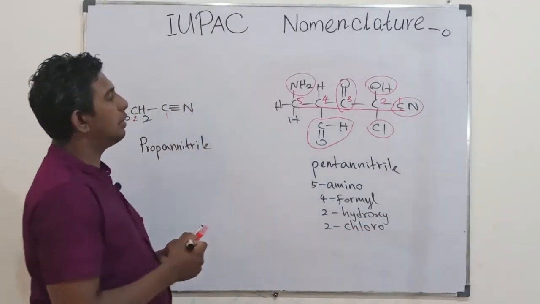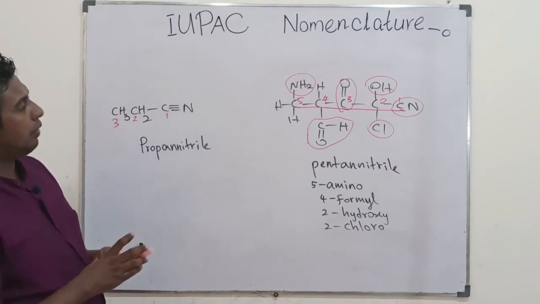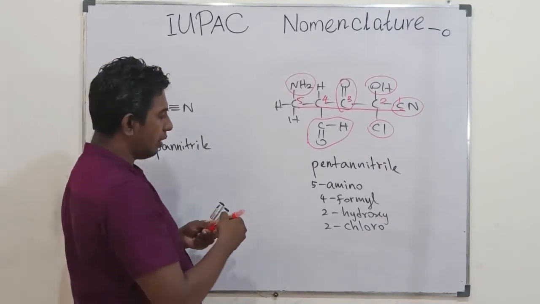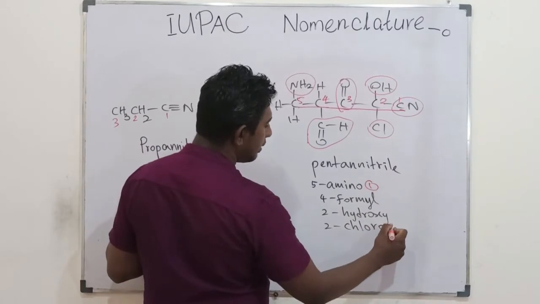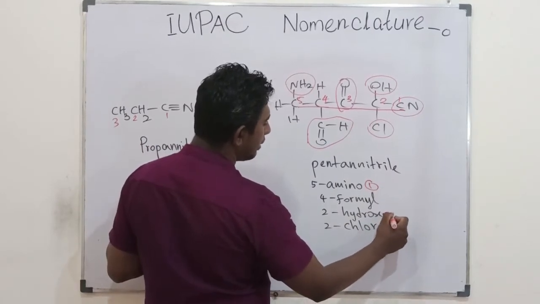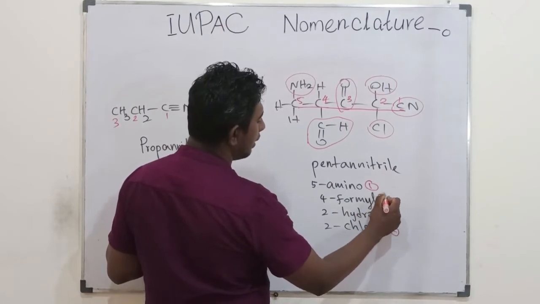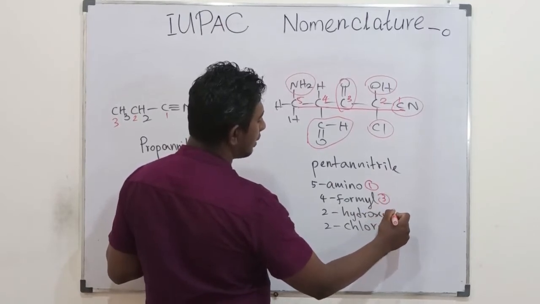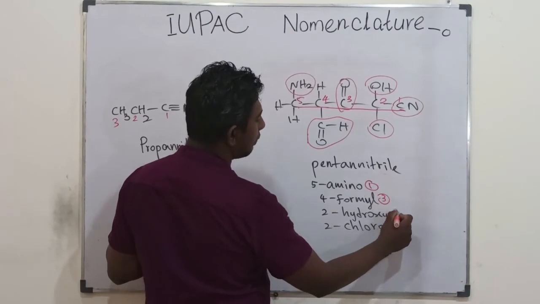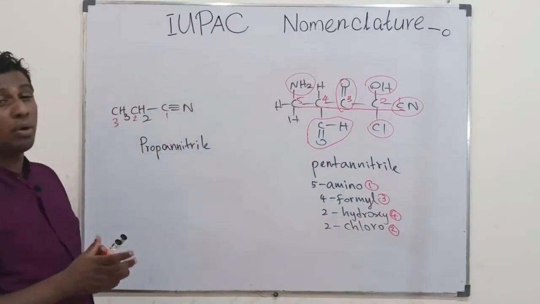Other subfunctional groups. So then A comes first, then C second, then H next. So that is the order.